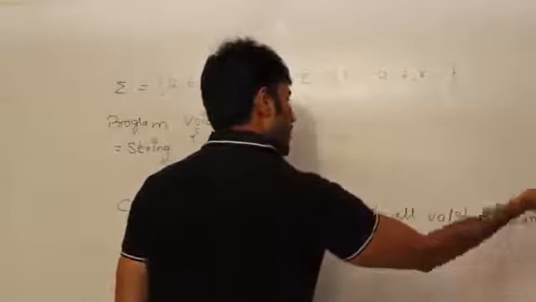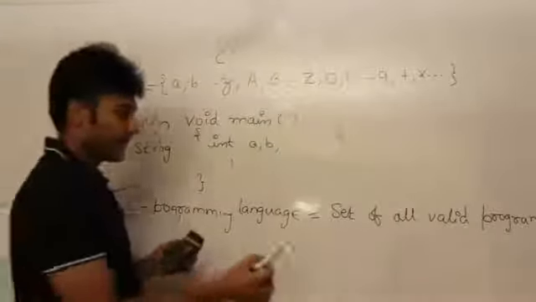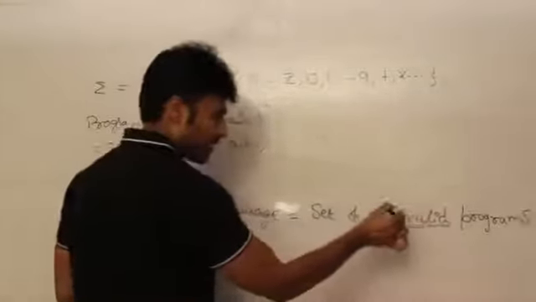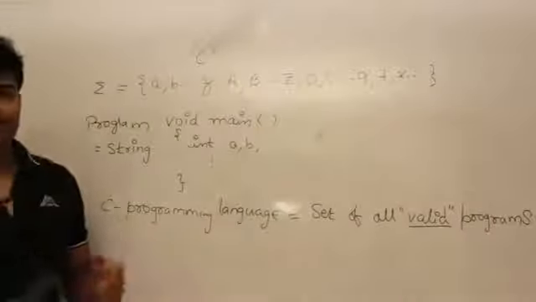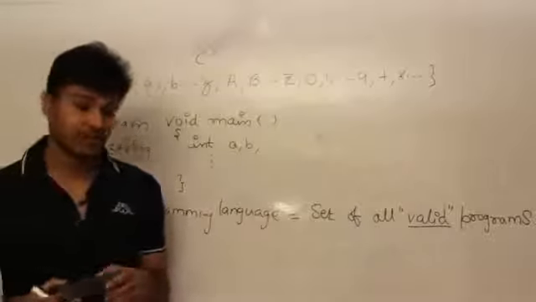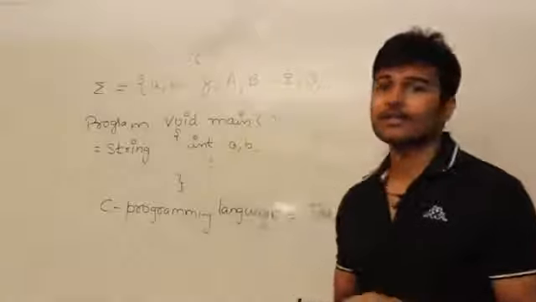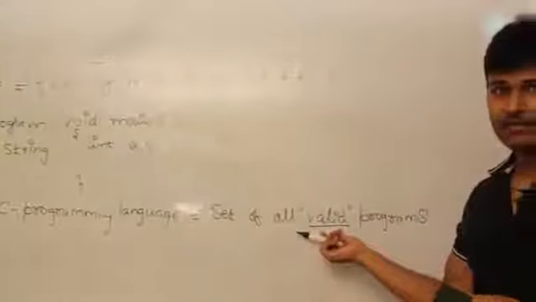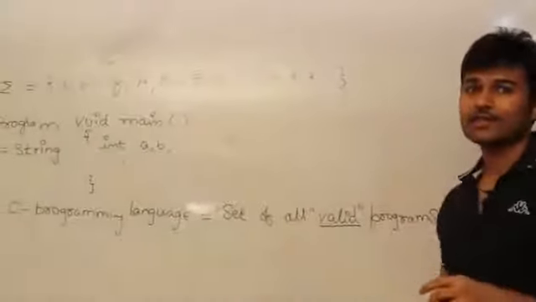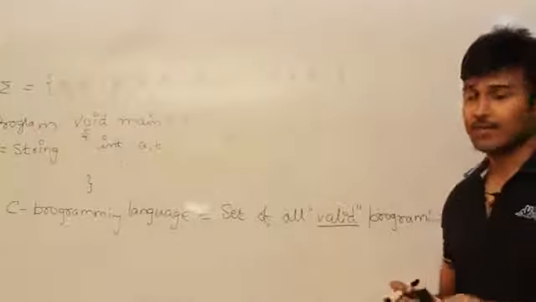The important word is valid, which means there can even be invalid programs which will give you some error when you compile or run them. So the interesting question here is, what are the valid programs, and given any program, how can I say that the program is valid or invalid, right?